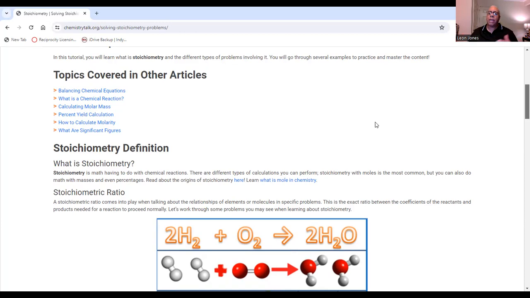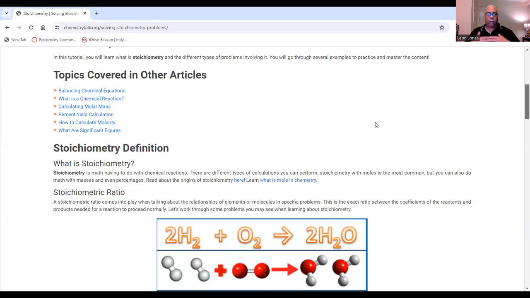Somebody could correct me on that, but right off the top of my head, it is close to what Avogadro's number is. And that's also going to be used when it comes to conversion factors. Well, basically, stoichiometry deals with moles because moles are the most common, but you can do masses, you can even do percentages.